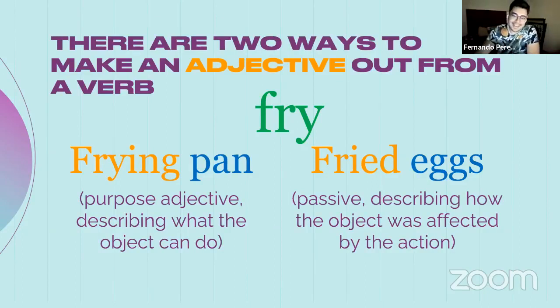And that is the mistake. It's incorrect to say a pan for frying. Or probably it's not incorrect, but it's too extensive. This topic and the collocation and the transformation of verbs into adjectives, take a note.